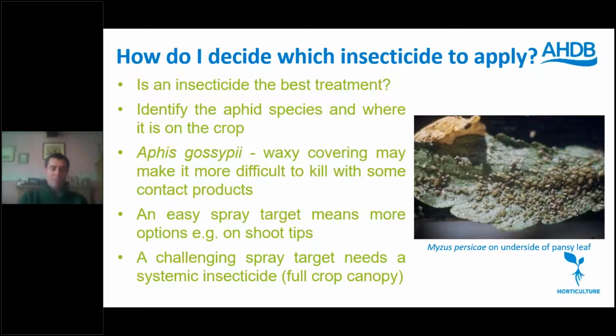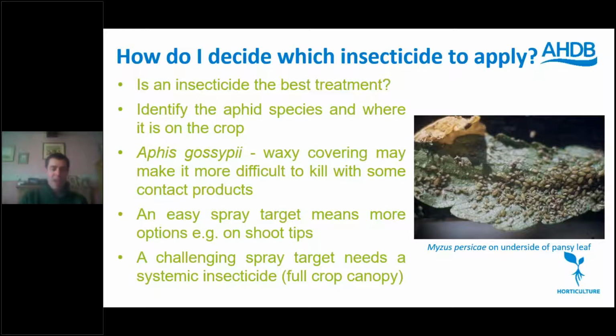Identifying the aphid species and where it is on the crop is very important, because if it's something like Macrosiphum euphorbiae, potato aphid on dahlia, on the shoot tips, it presents a nice easy spray target, and we know that's easy control, and we've got more options to control that, contact acting type products. Whereas if you've got something like Aphis gossypii, melon cotton aphid, that has a waxy covering, which may make it more difficult to kill with some of the contact acting products.